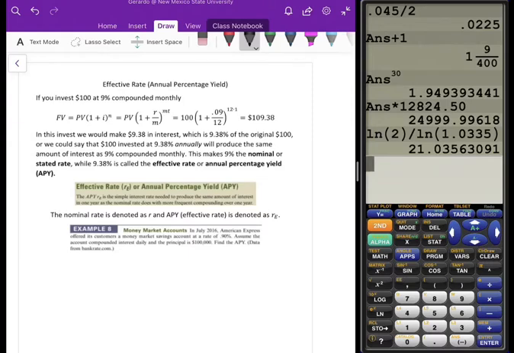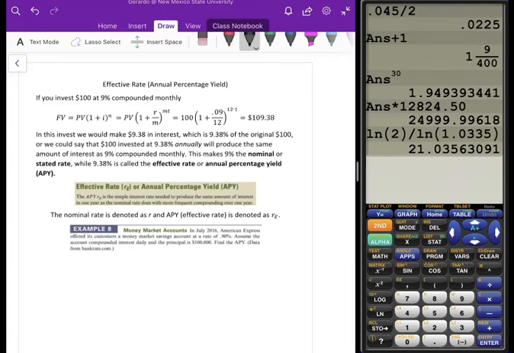And with this investment, we would make $9.38 in interest, which is 9.38% of the original 100. Or we could say that $100 invested at 9.38% annually will produce the same amount of interest as 9% compounded monthly. This makes the 9% the nominal or stated rate, while 9.38 is called the effective or annual percentage yield.